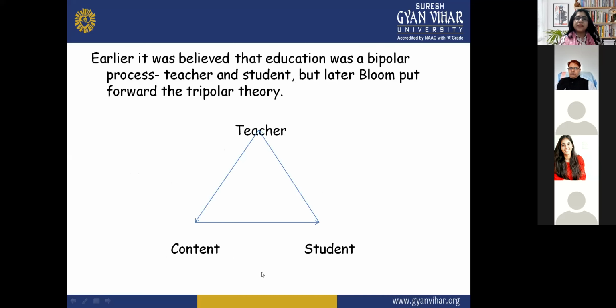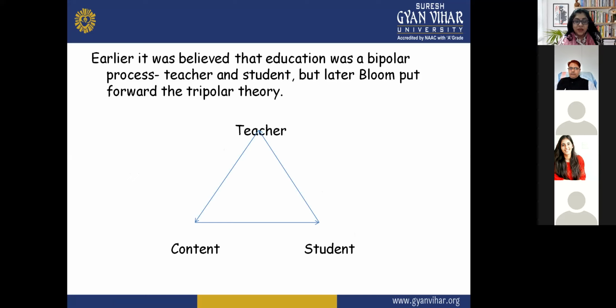Now students, just have a look at this. Earlier it was believed that education was a bipolar process, and only teacher and student were of main concern. But later Bloom put forward this tripolar theory, which is really very interesting. Bloom introduced the importance of content also.